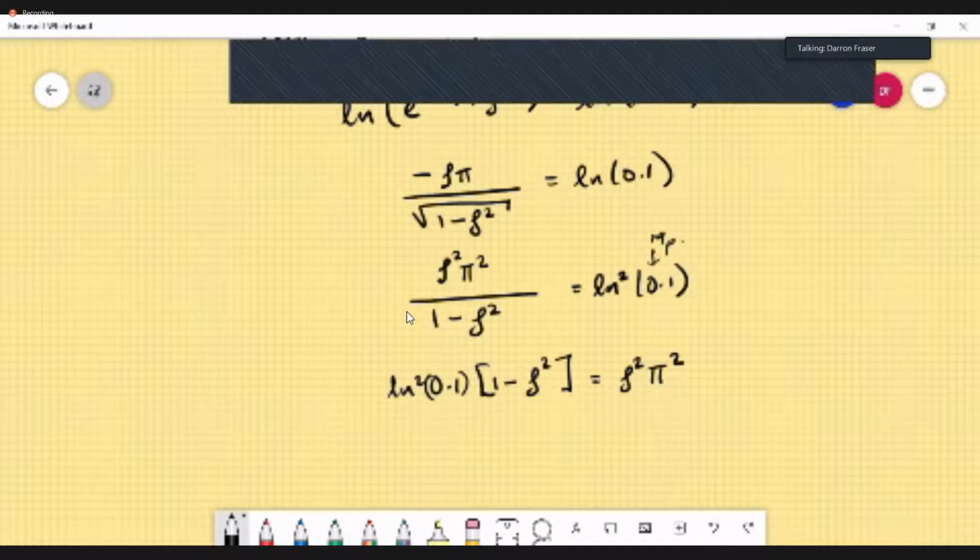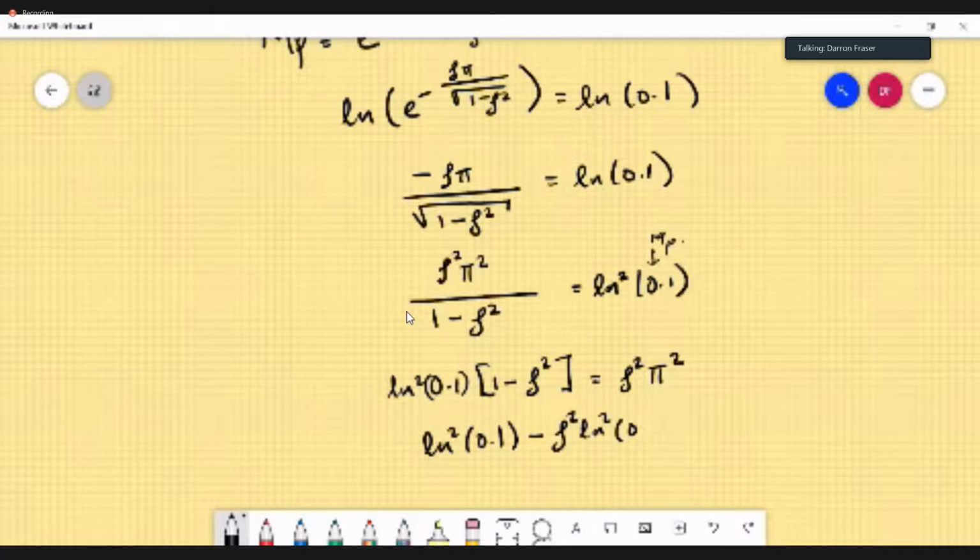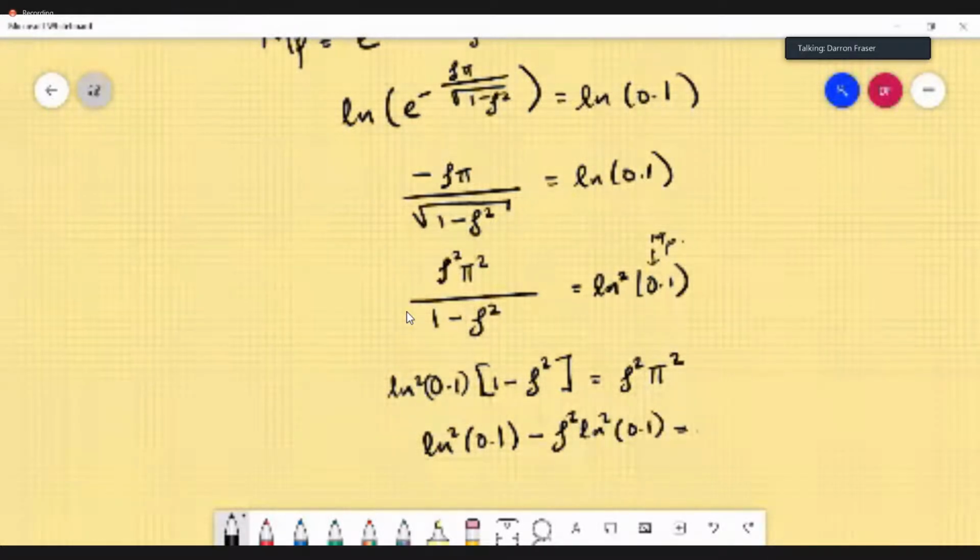So ln squared 0.1 minus damping ratio squared ln squared 0.1 is equal to damping ratio squared pi squared.